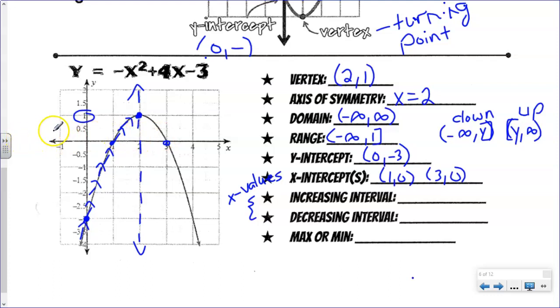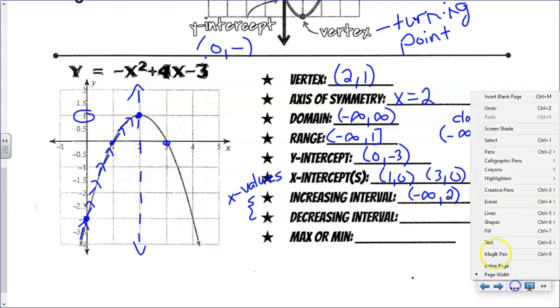So from negative infinity until it hits that vertex at 2. So from negative infinity to 2. Now 2 is going to have a parenthesis here because I'm increasing. When I hit that vertex, I'm neither increasing nor decreasing. And then I'll be decreasing, decreasing.